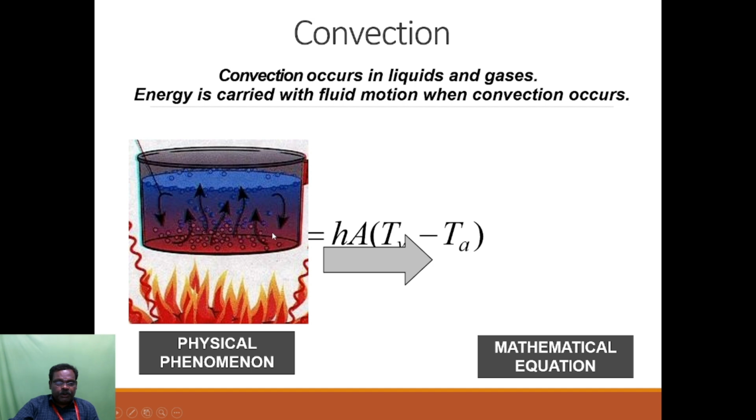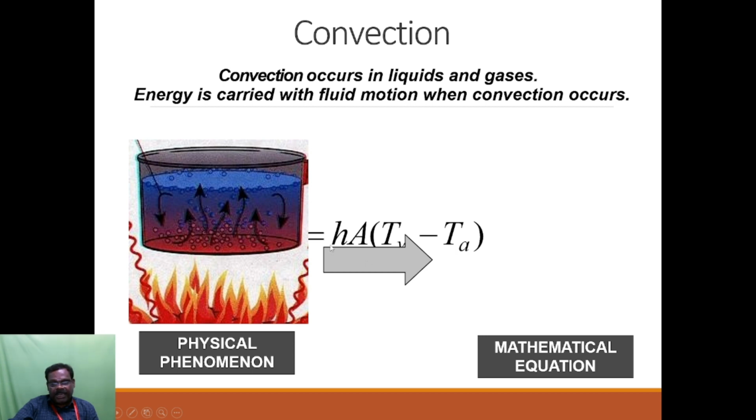Suppose you have a formula: heat transfer Q is directly proportional to area and temperature difference. Heat transfer by convection is Q directly proportional to area and temperature difference. You can remove this proportionality and include the constant called H. So Q equal to HA delta T. What is this H?